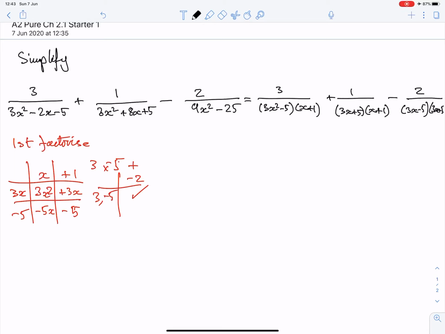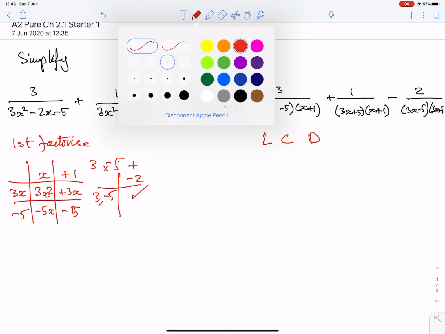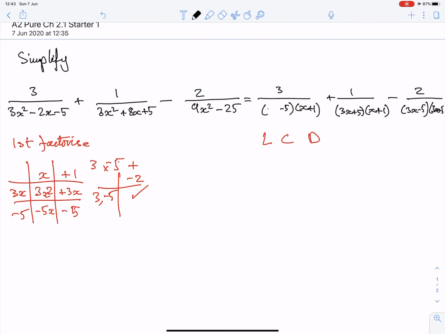Okay, so we should notice now that to combine the fractions, we want the lowest common denominator. And although we look at that and you've got 6 different lots of brackets, hopefully you notice, whoops, hang on, there's a slight error in there. That should be 3x, not 3x squared, written in there, shouldn't it? That should just be 3x minus 5.